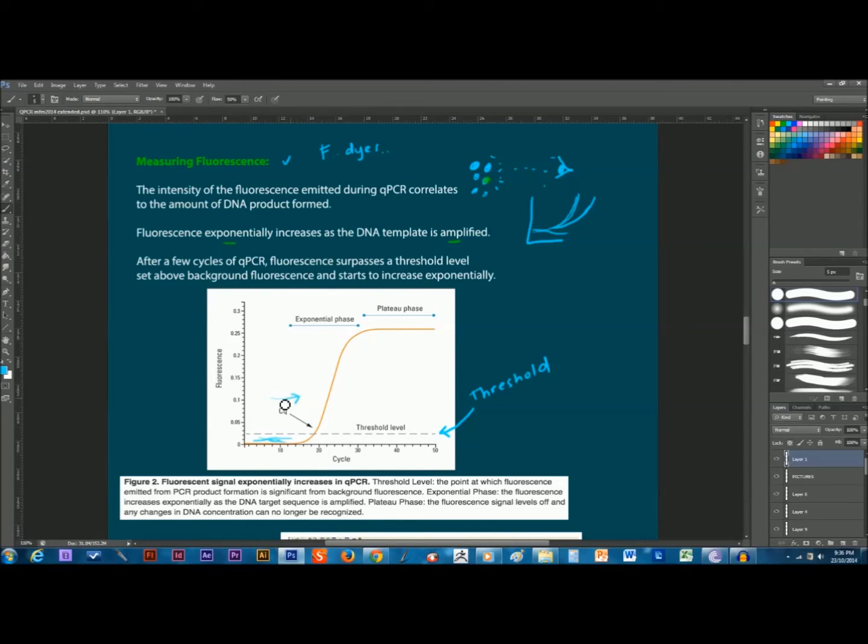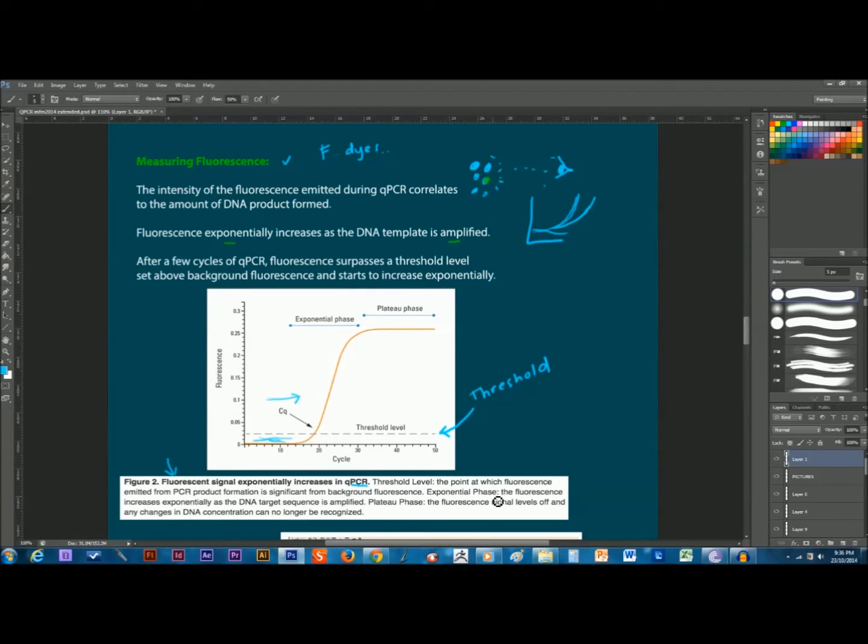So we must separate them in order to get specific results. So the fluorescence signal exponentially increases in qPCR. The threshold level is the point at which fluorescence emitted from PCR product formation is significant from background fluorescence.